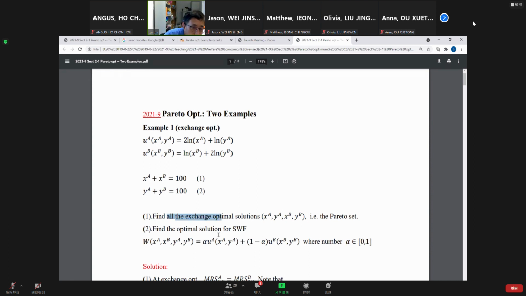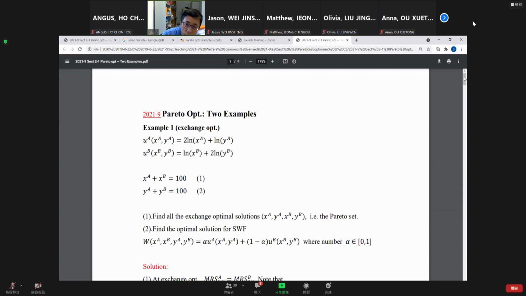The second one is, if we're given a social welfare function, this is about some sort of value judgment at a society level, and we give some value to the parameter alpha. Alpha measures how much we care about Alice, and 1 minus alpha measures how much we care about Bob. And alpha is some number between 0% and 100%.